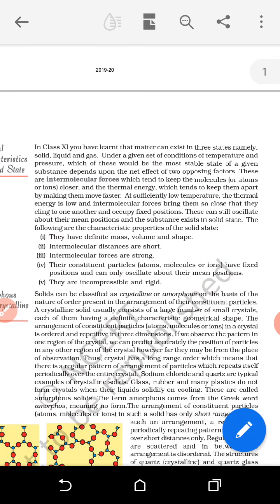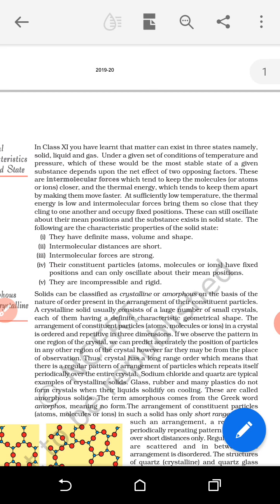If the thermal forces are very strong or the intermolecular forces are very weak, in such a case the substance will exist in the gaseous state. However, if the thermal forces are very weak or the intermolecular forces are very strong, in such a case the substance will exist in the solid state.